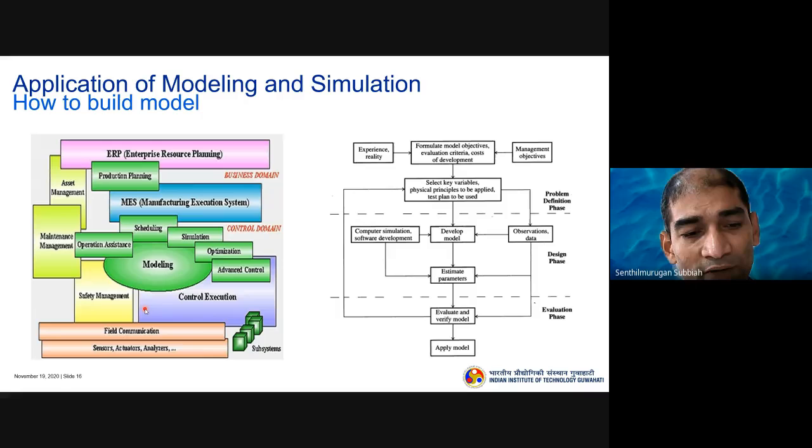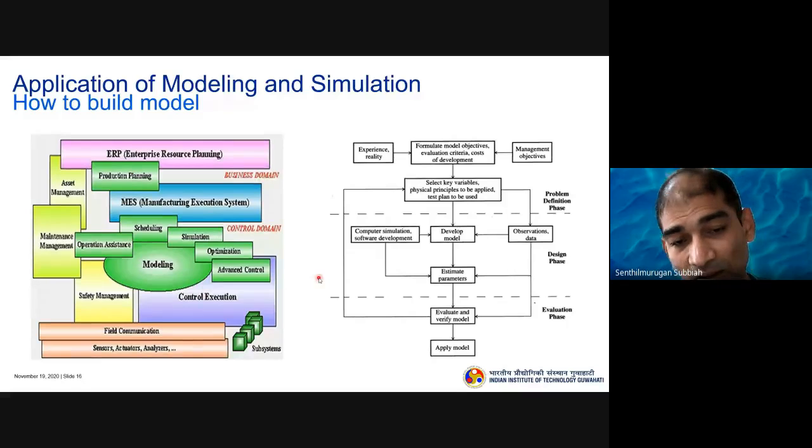If you have a process and want operational assistance, then we need a model for the process. And then production planning, safety management, maintenance management, and the MES, basically the manufacturing execution system. So we have a control domain and a business domain.